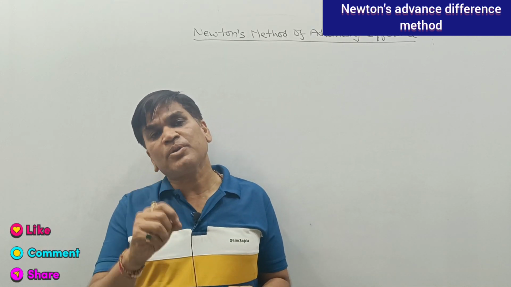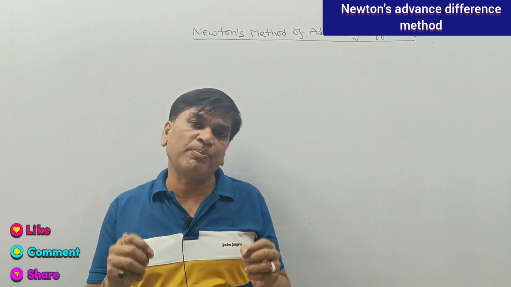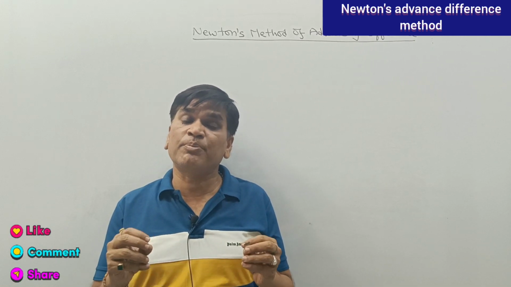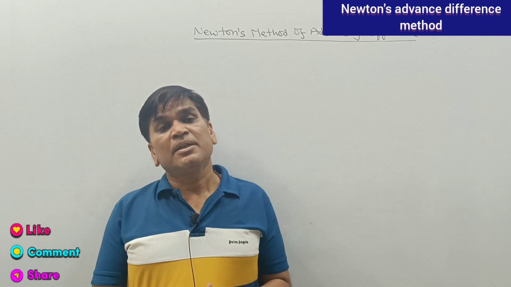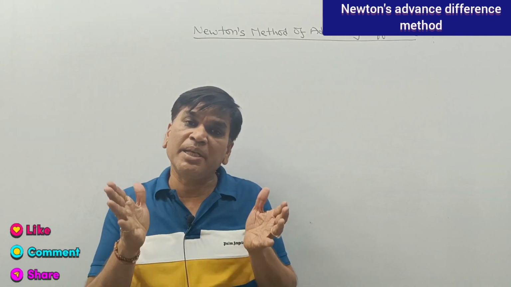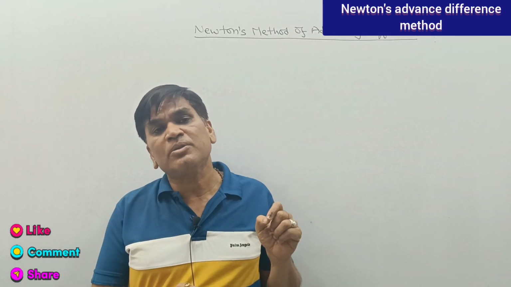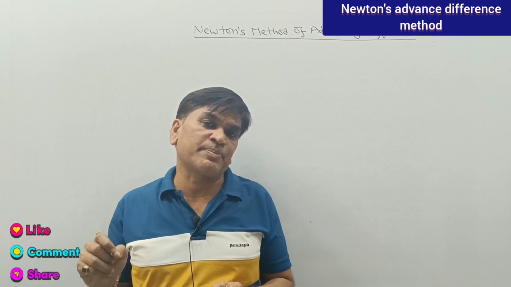If we want to calculate what may be the population of 1975, 1988, or 2008, with Newton's method we can calculate such middle data also, which was not available in the binomial expansion method.